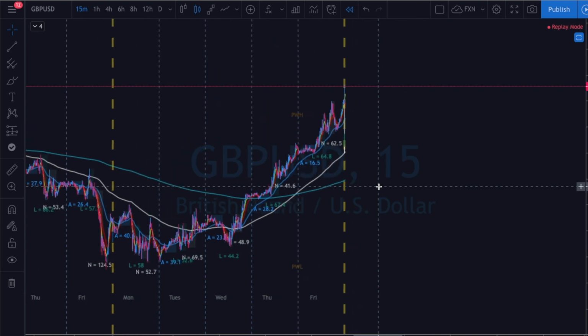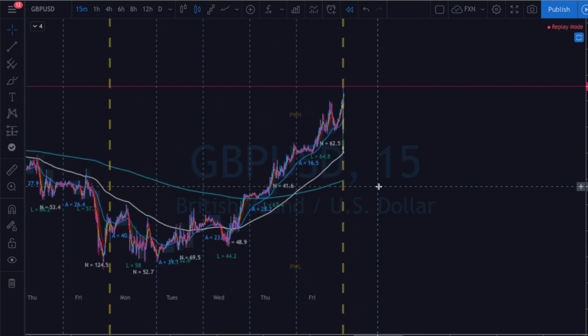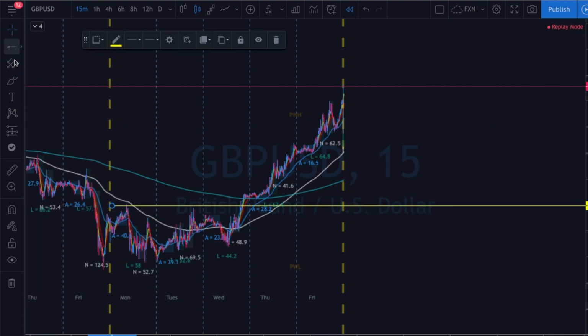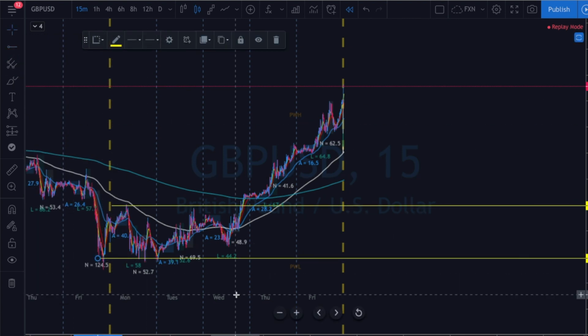So if we take a look at the previous week, essentially what did we have? We started out with an accumulation cycle, because we had price moving between support and resistance. Then they moved away from that during the Asian range, Wednesday going into Thursday, and turned it into a trending cycle for the last 2 days.